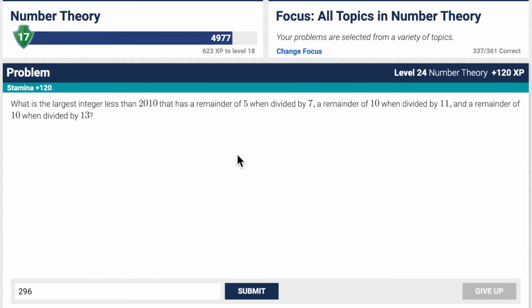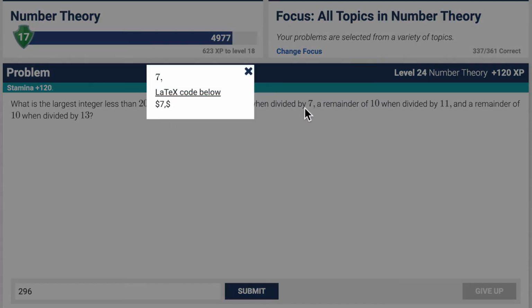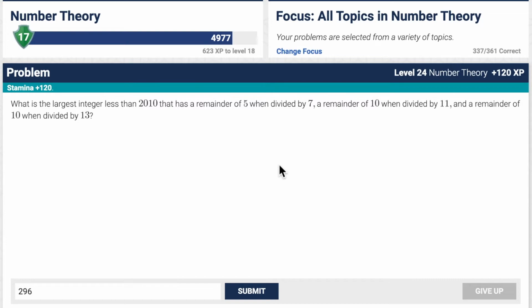When you divide that by 7, what's the remainder? Again, we use similar strategies. 7 times 40 is 280. That's pretty obvious, and we just subtract that off. 16 divided by 7 is 2 remainder. So again, that doesn't work, because we need 5 remainder.